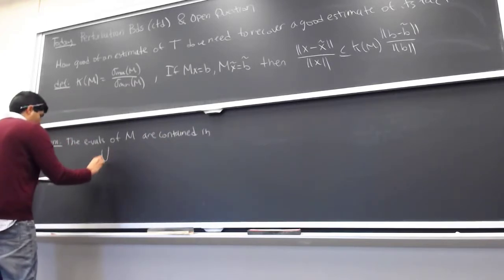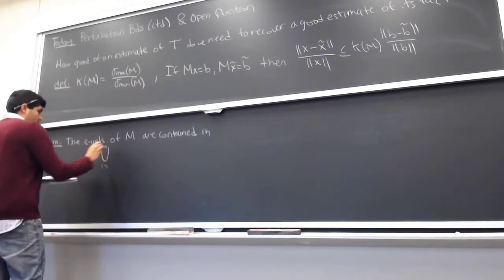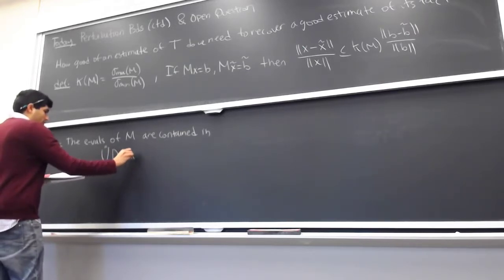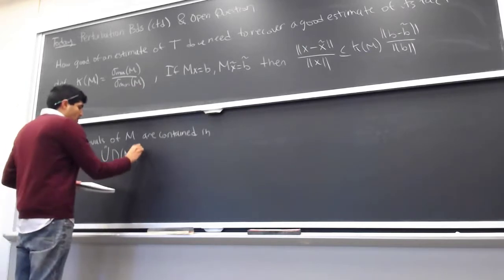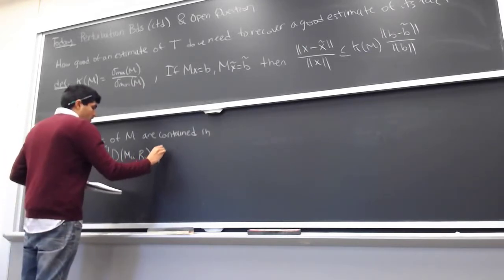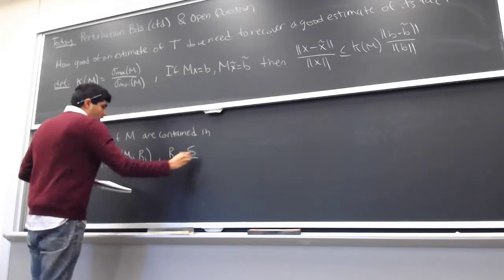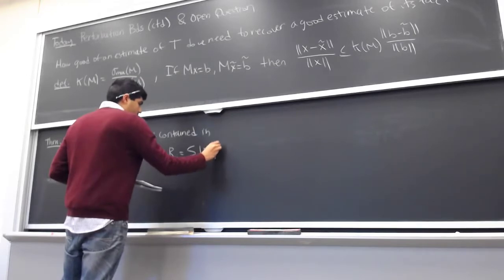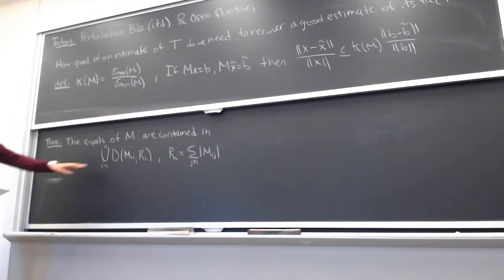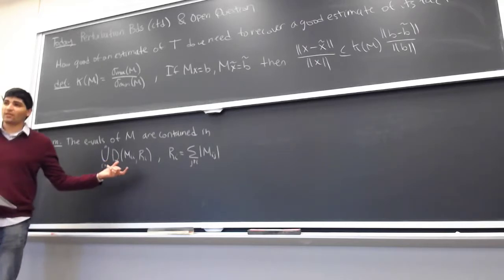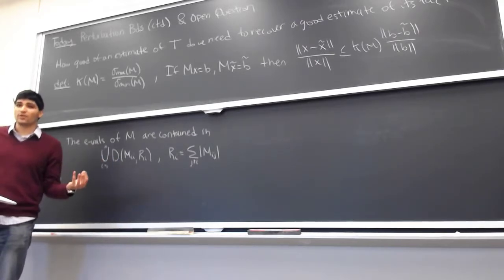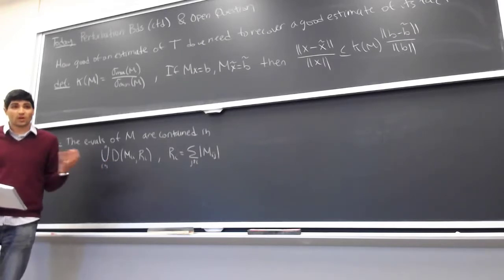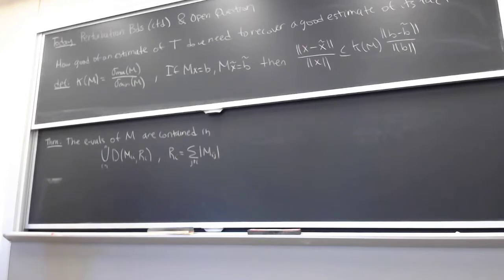So they're contained in the union from i equals 1 to n, if it's an n by n matrix, of the disk centered at M_ii, one of the diagonal entries, whose radius r_i is given by the sum of the magnitudes of the off-diagonal entries. So this was the way of thinking about it: if you had the identity matrix and you take a small perturbation of it, it shouldn't change the fact that it's still invertible and that its eigenvalues are close to 1 regardless.